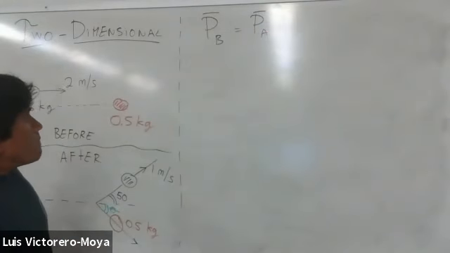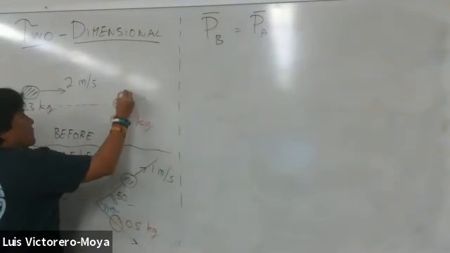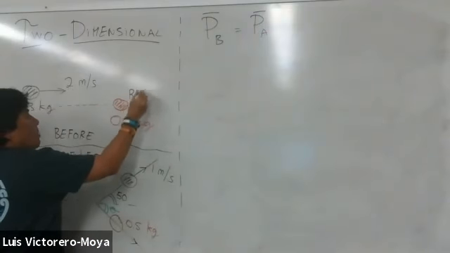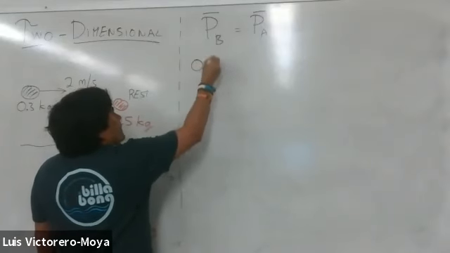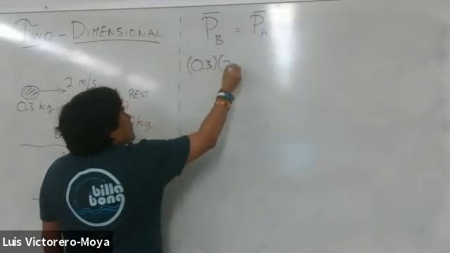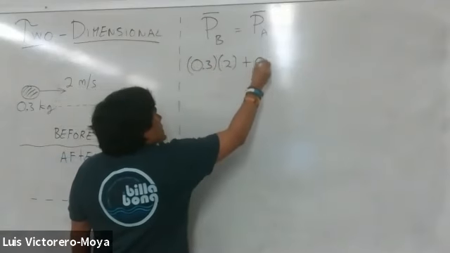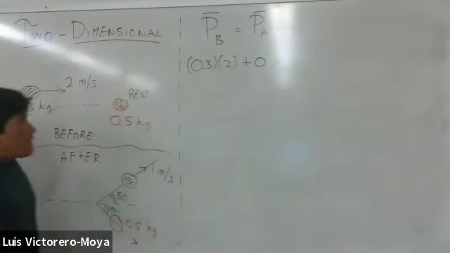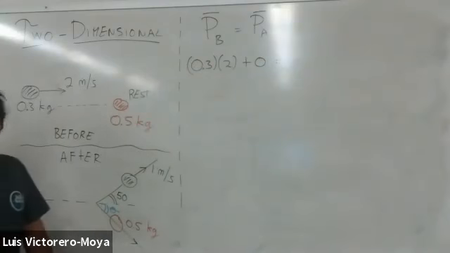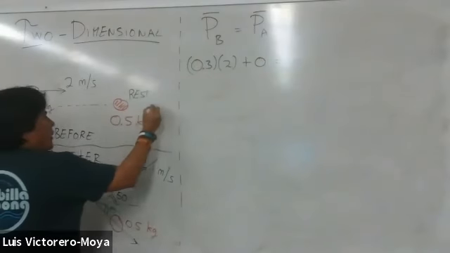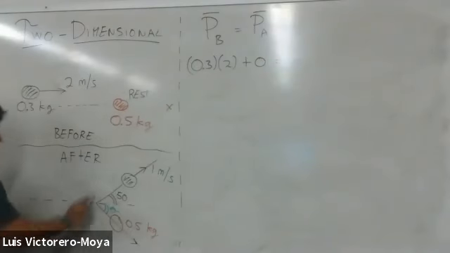The momentum before, again, is a vector: 0.3 times 2, and 0.5 times 0. This is at rest. So 0.3 times 2 plus 0 is equal to momentum after. The momentum after has two components, the x component, but you also have the y component.